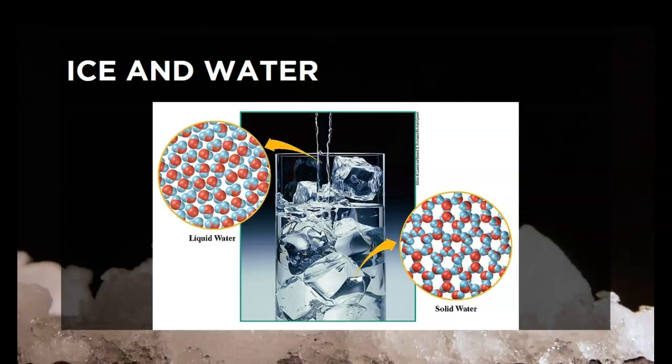And fish that live in cold areas are very thankful for this, because think about it, what would happen if ice sunk when it froze? It would fall to the bottom. If the surface was freezing, it would fall to the bottom, and then that ice would freeze, and you'd have a big chunk of ice in bodies of water.